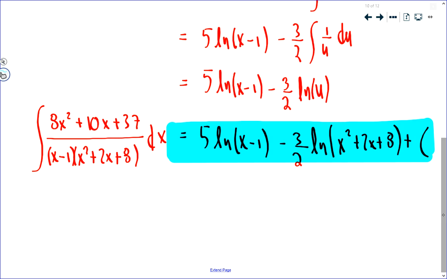So the more I prepare you for that experience, the easier it's going to be for you. By the way, if you were to go to Wolfram Alpha and check this out, you'll find that it is the same answer. Wolfram Alpha typically will write x minus 1 as 1 minus x. I don't want to get into why that's the case. It would just take too long.